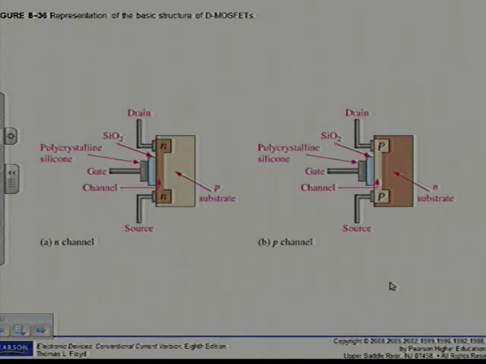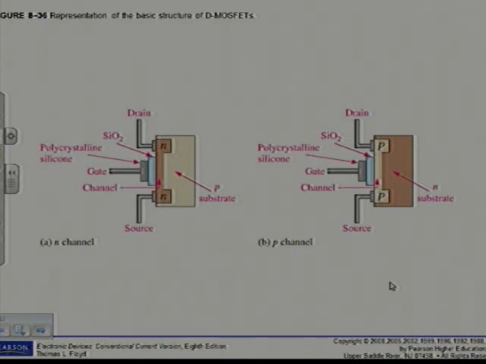The next one we're going to talk about is on page 398 in your books. If you look on page 398, you will find the Depletion MOSFET or the D MOSFET. Now I repeat, in this case there exists a channel between my drain and my source. In this case, we're not going to induce a channel.